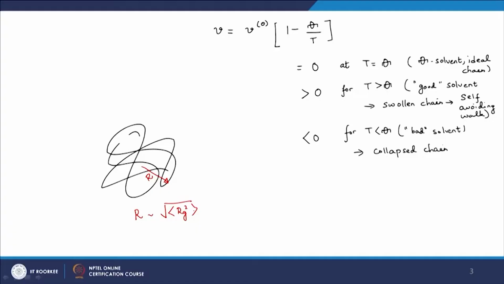Okay. So now, with this in mind, we can start building the total energy of the chain in terms of the two interactions we have discussed. One is the elastic energy and one is the interaction energy. So, I can say total energy of chain.